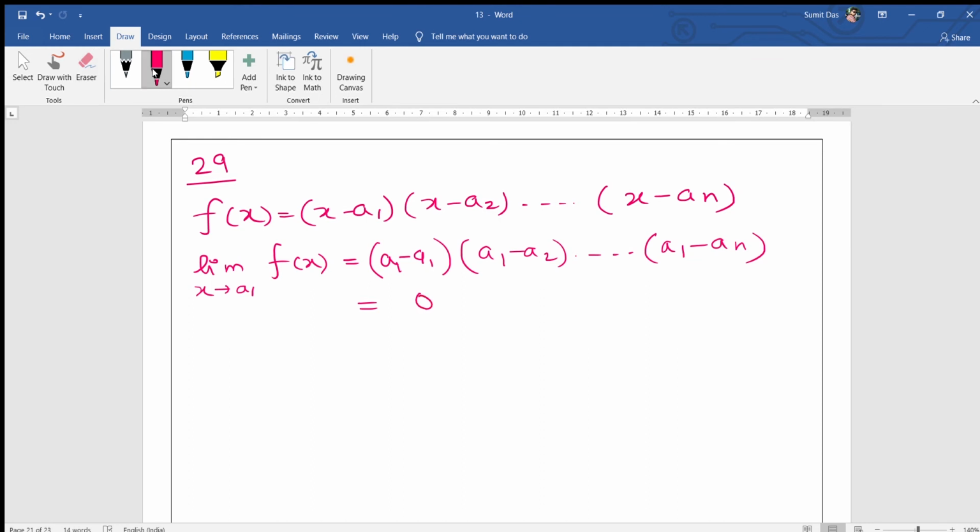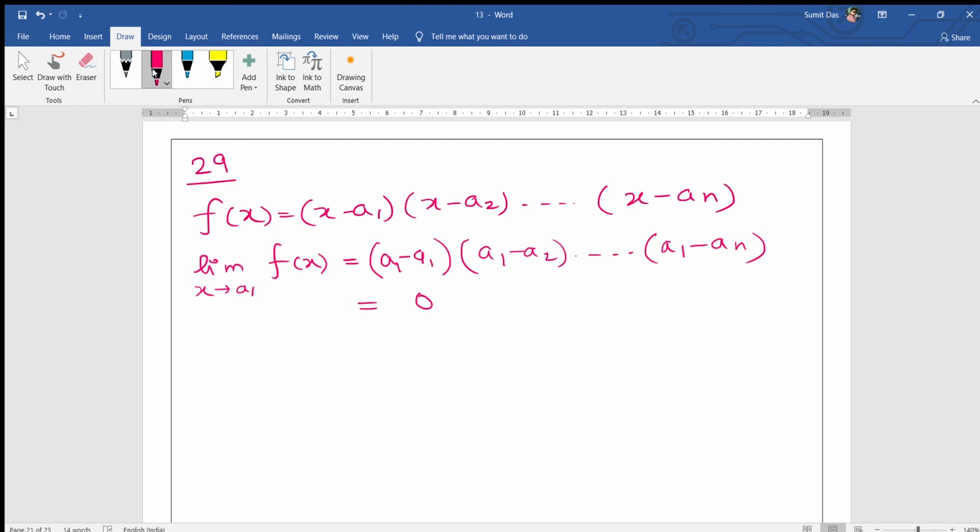It will be 0 into all these, and 0 into all this will be what? All the value will be 0. If you can't answer such simple things, I don't know how we'll do the questions later, because this limit chapter needs a lot of practice. This is a very basic thing.